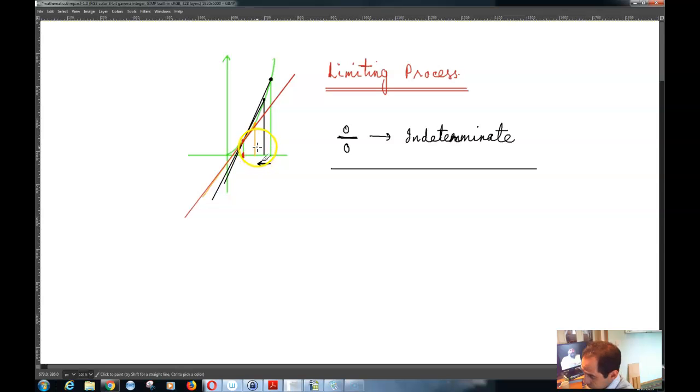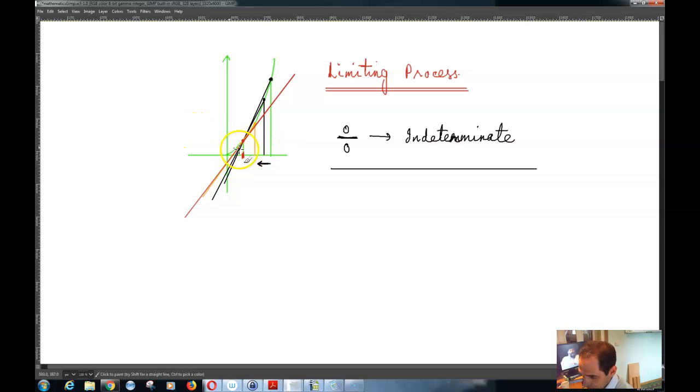So now, what we want to understand in these few videos, because there are a couple of illustrations that we need to go through in order to understand the process, is how the limiting process works.